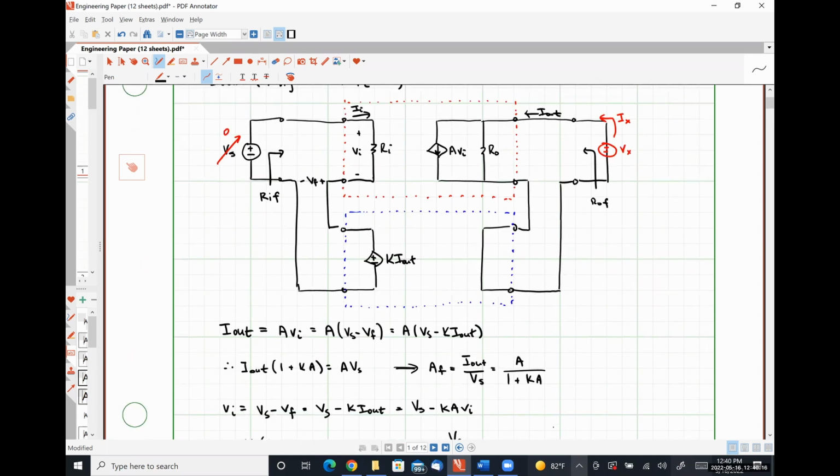So with a voltage source there at the output, our current I out splits, and some portion of it flows here. There is a potential difference over this resistor R naught now, so we have to take that into account as well.